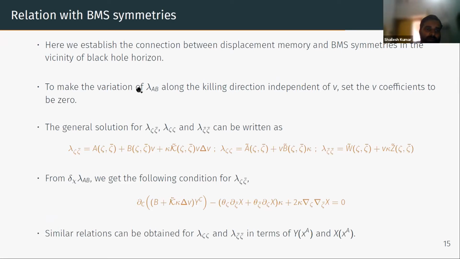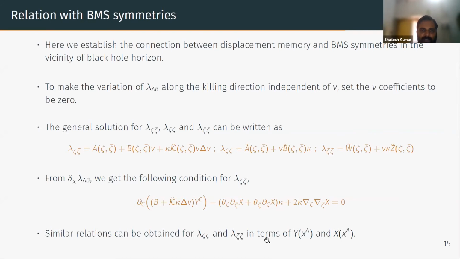So here, as we have seen, there will be a change in the delta lambda AB components, all possible components. Once we have this delta lambda AB, we can write the general solution of lambda AB, and once we have the solution of lambda AB, we can write the variation of lambda AB along the Killing direction. Here I'm mentioning only one component.